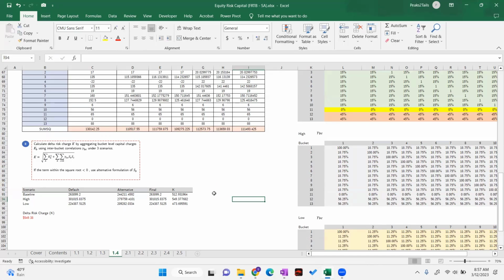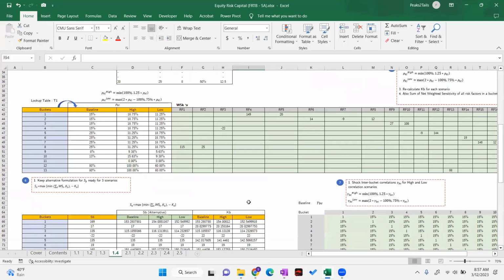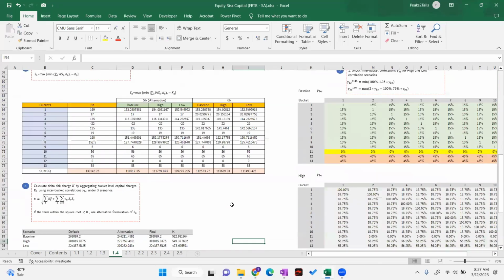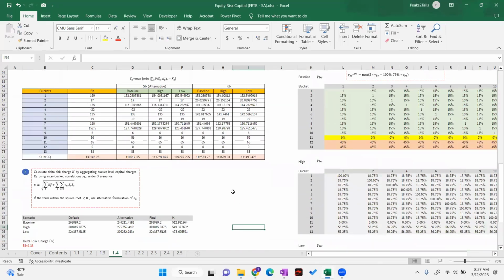However, for backtesting purpose, when you calculate HPL and RTPL, the two time series of PNLs, if you include theta effect, you have to include it at both places. Otherwise, your backtesting will not look nice, right?